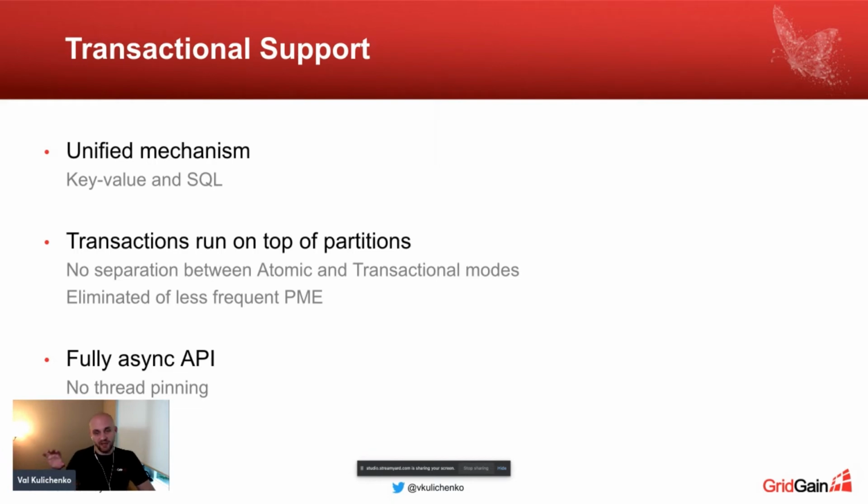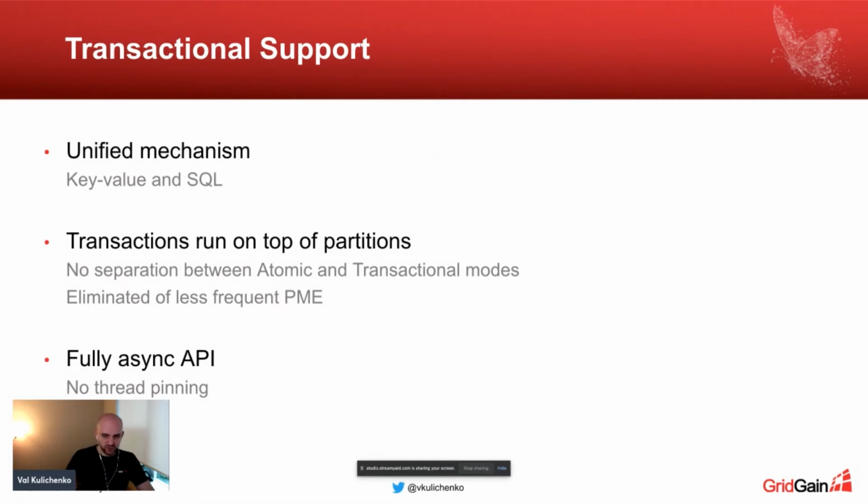Also, the transactional support will introduce fully asynchronous APIs. Currently in 2.x, transactions are essentially synchronous and they're also pinned to a certain thread. You start a transaction in a certain thread, and then all the operations that you want to be enlisted in that transaction must happen in that same thread as well.